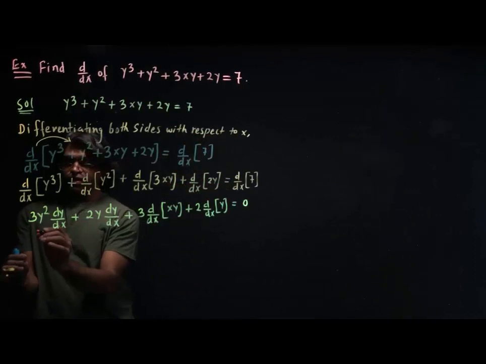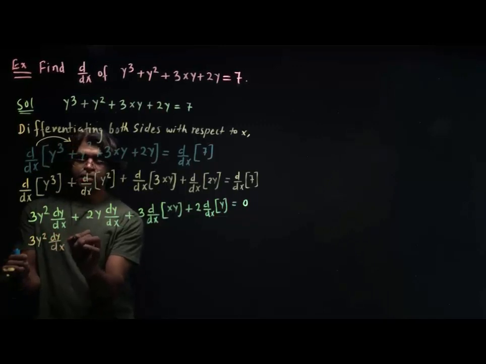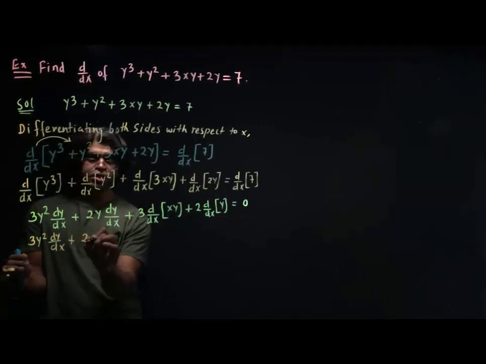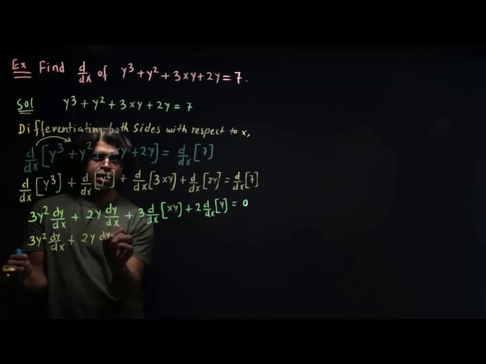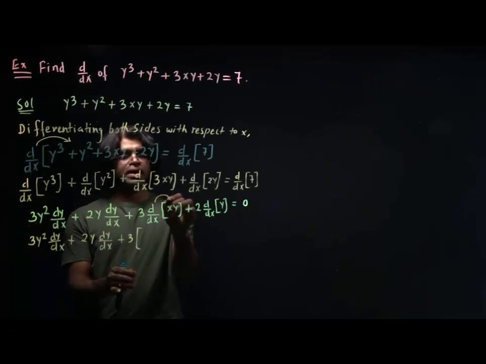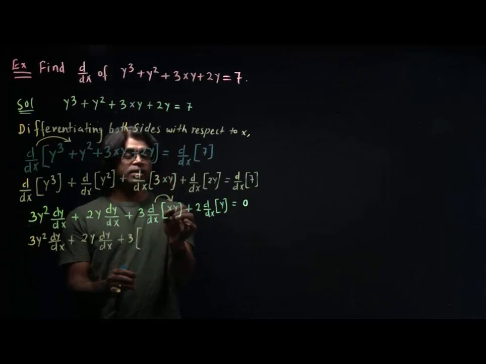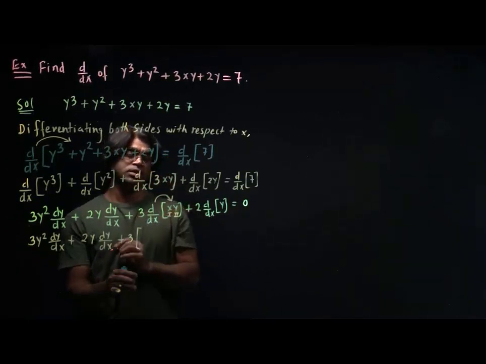Let's simplify further. So my first term is 3y squared dy over dx, plus my second term is 2y dy over dx, plus 3. Now I am going to distribute this d by dx inside the bracket, and as you can see, this is my first function and this is my second function, right?